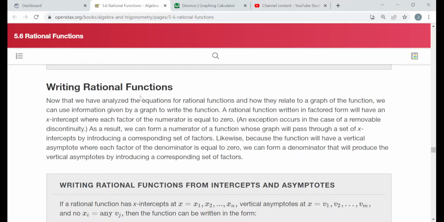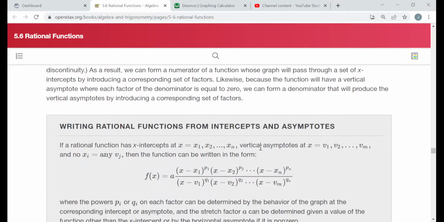Each example is either an example from the reading, one of the try it problems from the reading, or one of the exercises at the end of the section related to this particular objective of writing rational functions.